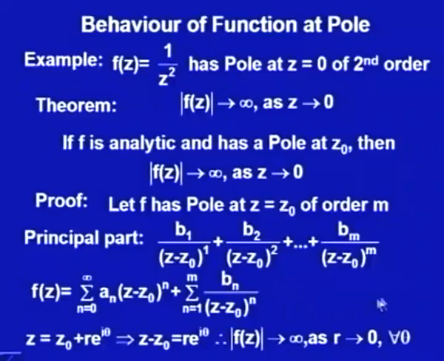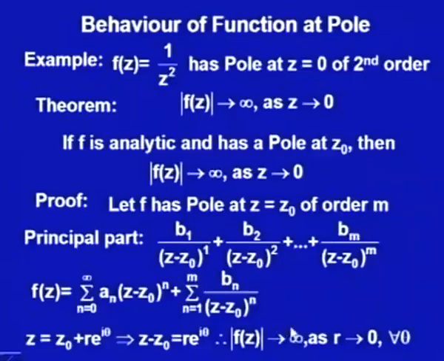Theta means, if you do remember, that we are having this kind of circle. So, either r is approaching 0 in this direction or this direction, that is in any manner. If z is approaching z naught, this principal part would approach infinity, and hence f(z) will approach infinity. So, this is what we are saying: if it is a pole of any order, then f(z) will approach infinity.